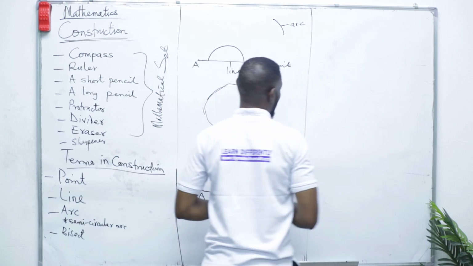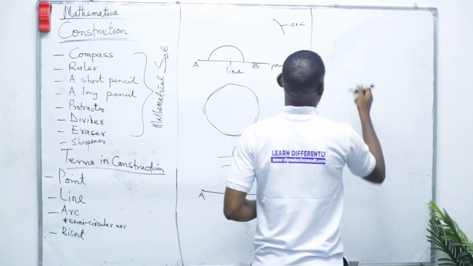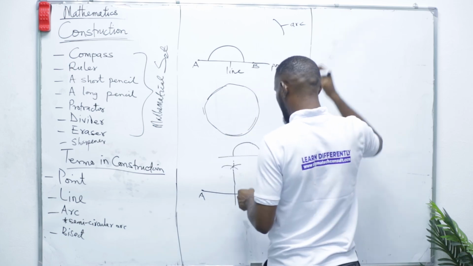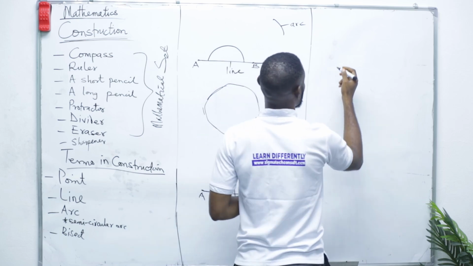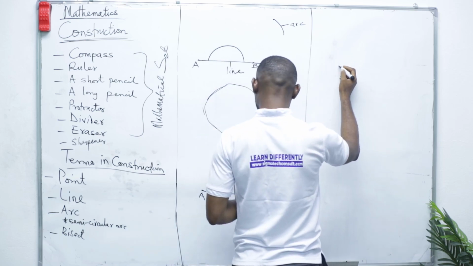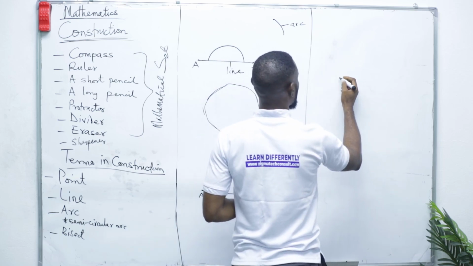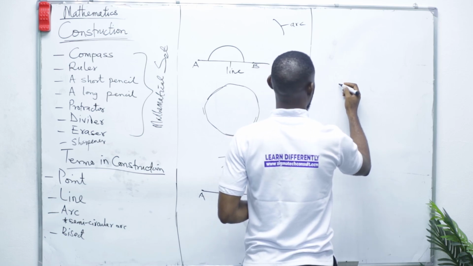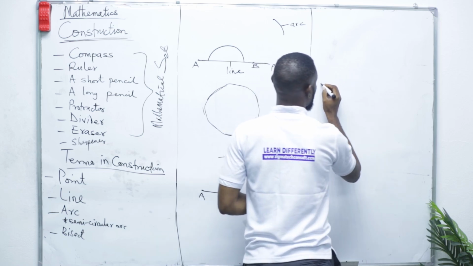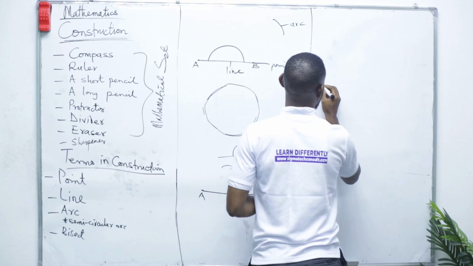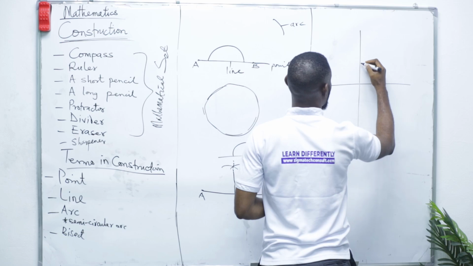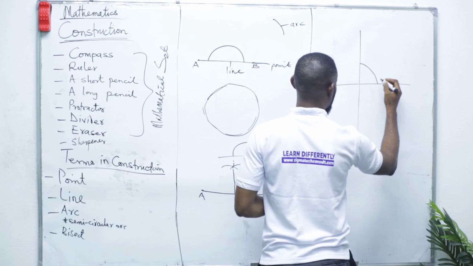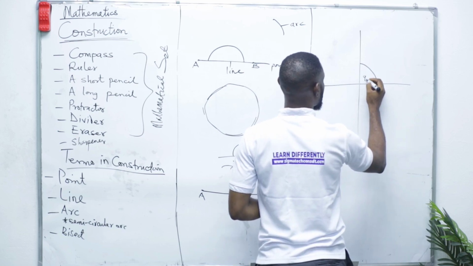We can also bisect angles. Let's assume this is our angle, and this is what we have just bisected. Of course, you know that here now to here is, let's say, our 90 degrees.